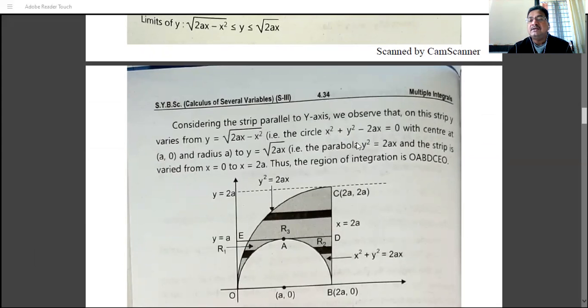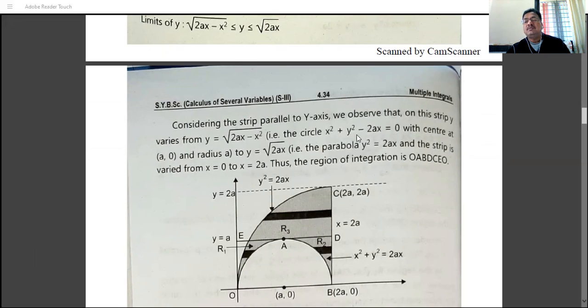So how can we find the center from this equation? This is the equation of a circle in general form: x square plus y square plus 2gx plus 2fy plus c is equal to 0. Here 2g is minus 2a, so g is minus a, f is 0, and c is 0.